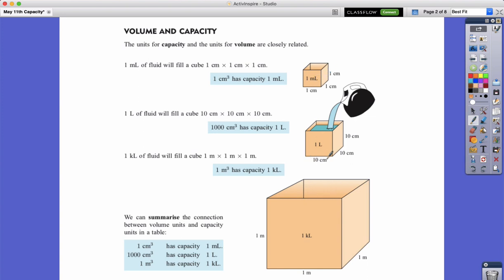And if you've got a 10 centimeter by 10 centimeter by 10 centimeter box, you can fit a whole liter in there, because that's 1,000 cubic centimeters, which equals 1,000 milliliters, which equals 1 liter. Very important, again, remember that 1 cubic centimeter equals 1 milliliter.